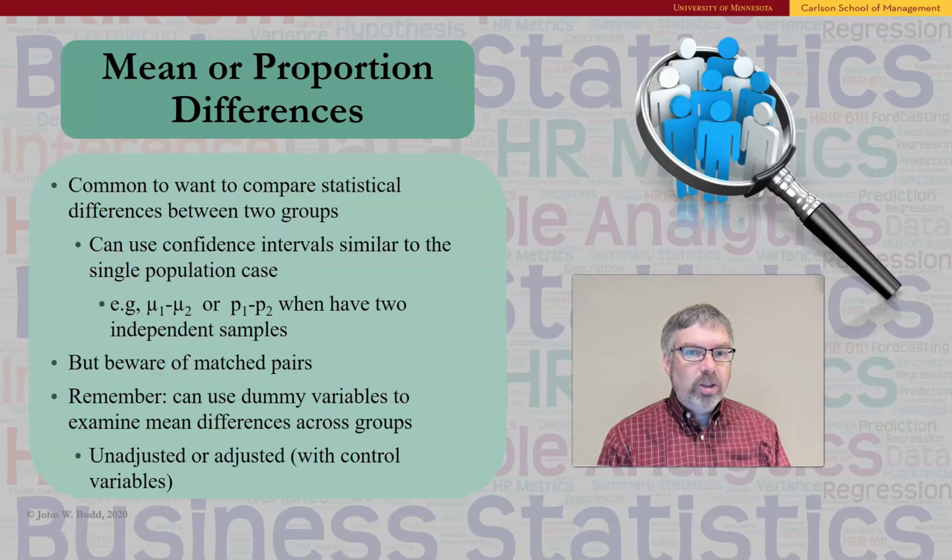But a warning, remember, matched pairs can sometimes be a single population in disguise, and it might look like it's two populations or two samples, but it really is one.